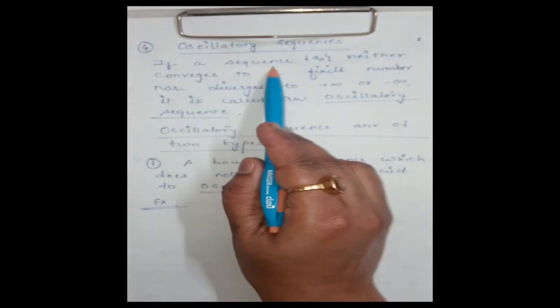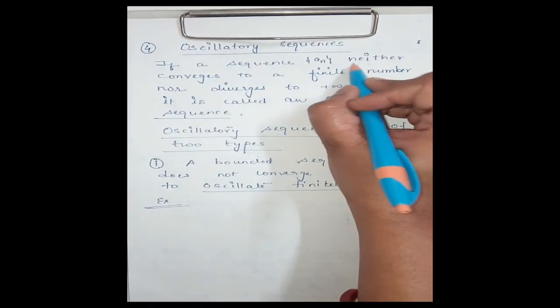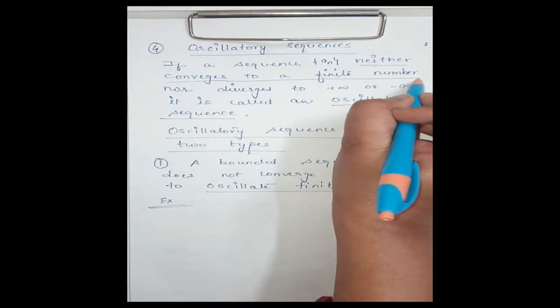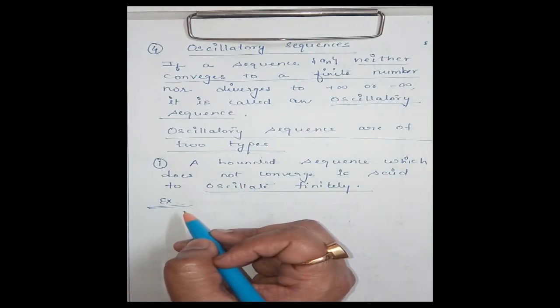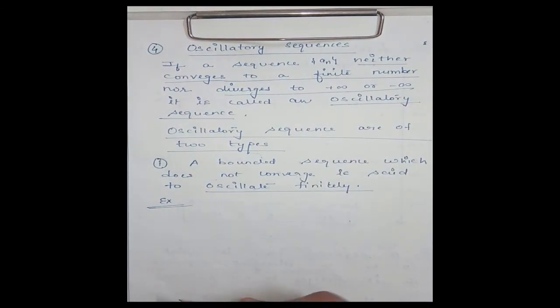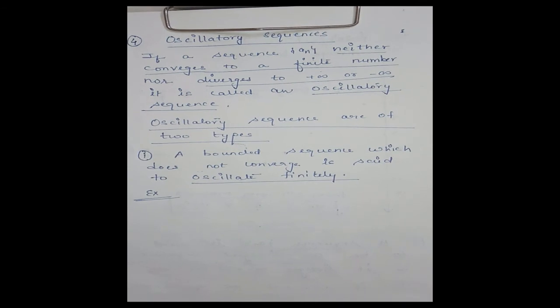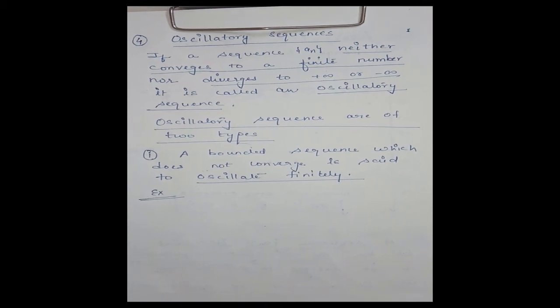Oscillatory sequences. Next definition. If a sequence a_n neither converges to a finite number nor diverges to plus infinity or minus infinity, that type of sequence is called an oscillatory sequence.